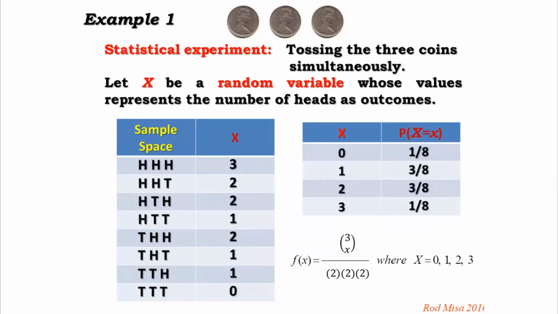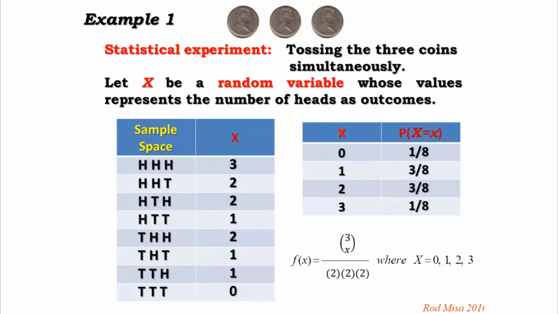So the first coin could land head or tail, the second coin could land also as head or tail, and so with the third coin. But in the numerator, we are counting all the possible outcomes by using the combination formula, the combination of 3 taken x at a time, because the combination of 3 taken 0, wherein that is the least value of our random variable, the answer is 1.